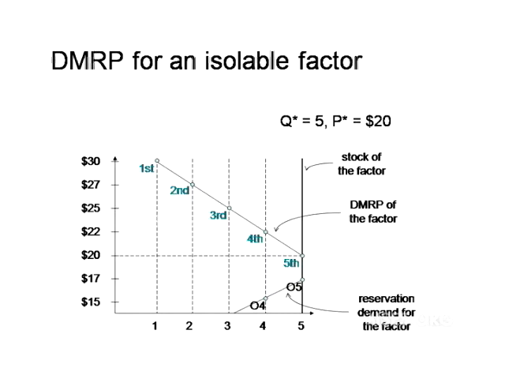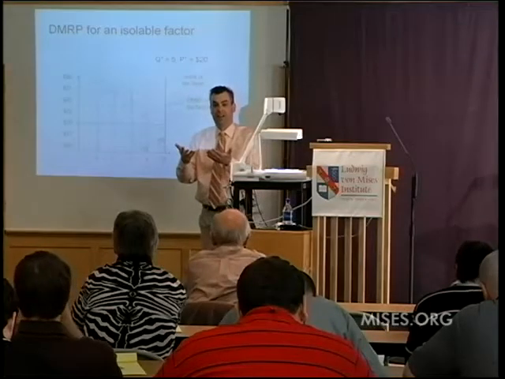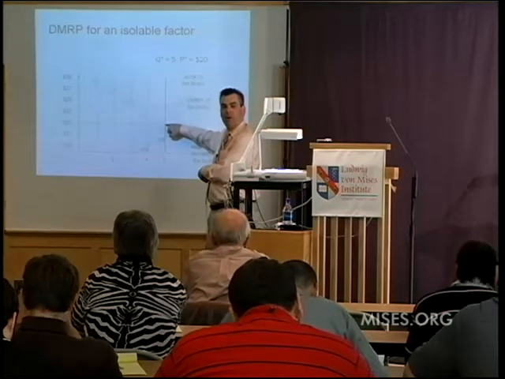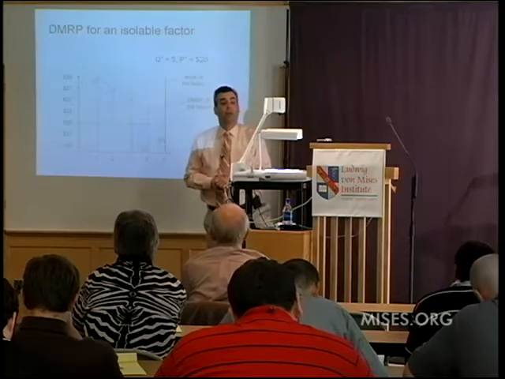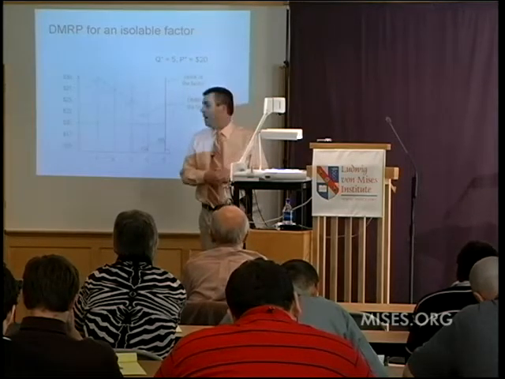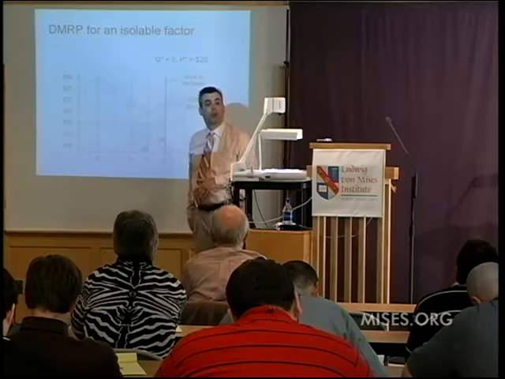For simplicity, to make our story a little bit easier, I've assumed that the reservation price of the least capable factor owner, in other words, the person least willing to sell, is above the discounted marginal revenue product of the last unit of the factor that's available. So there's 5 units of the factor service out there, meaning that we can ignore these reservation demands in thinking about the determination of equilibrium price.